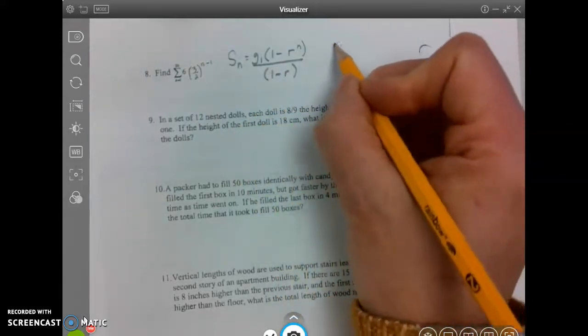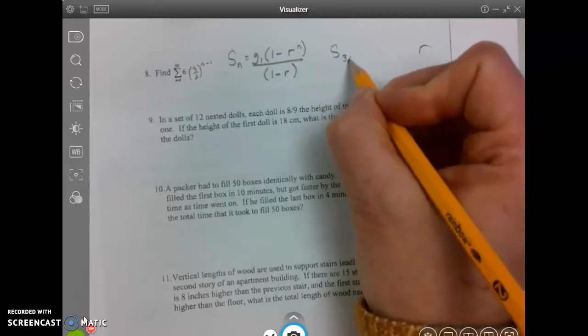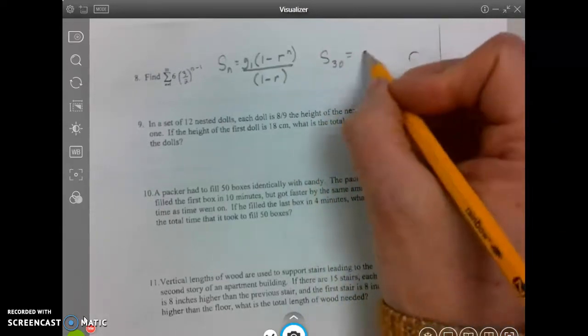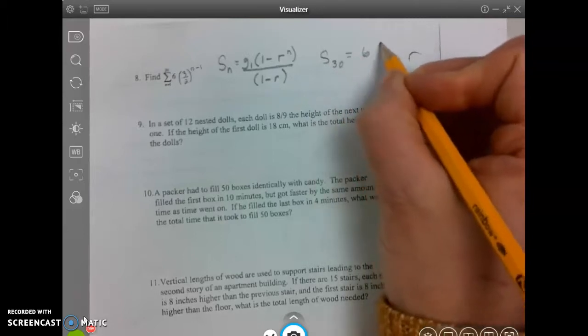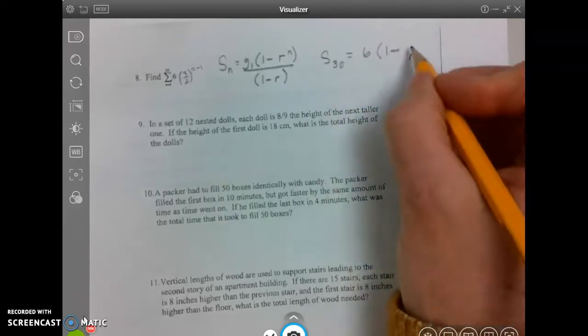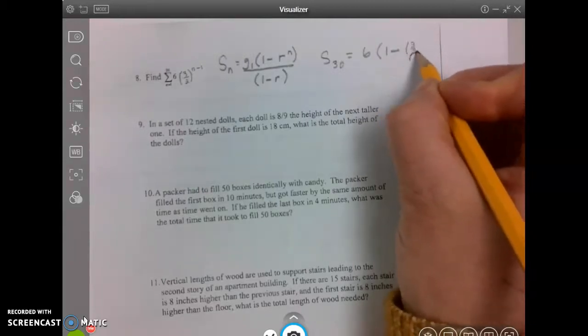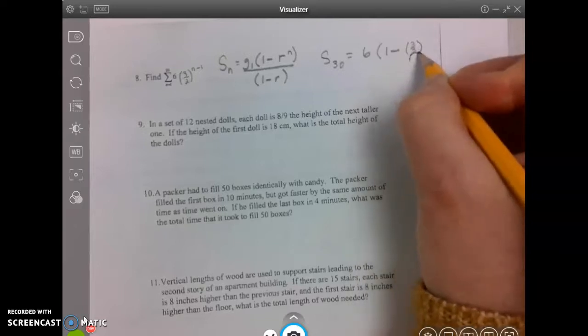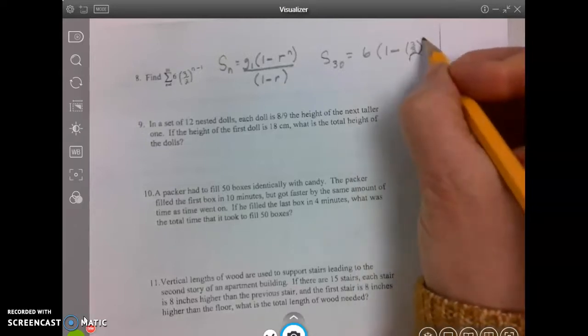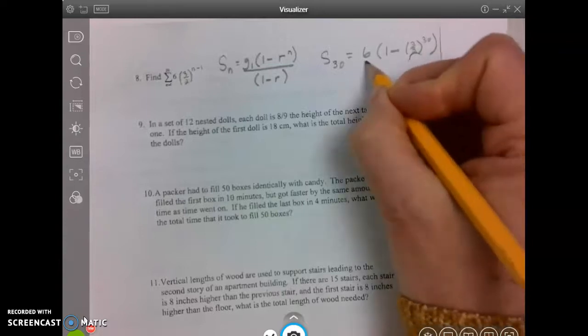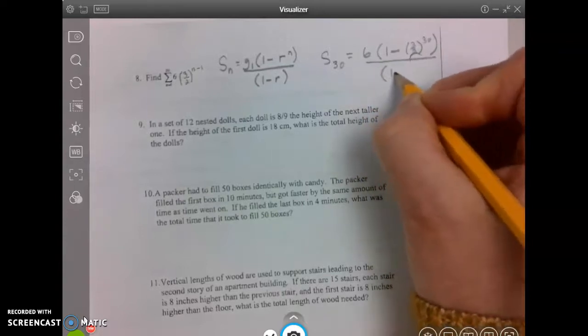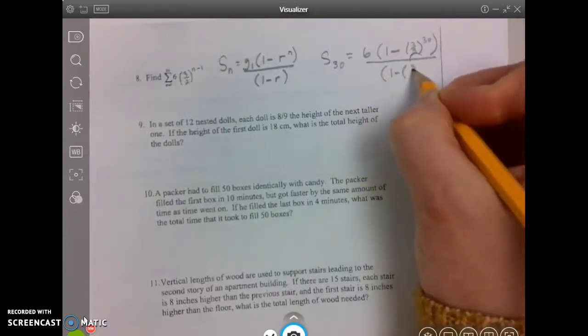My first term, well, first of all, S sub 30 equals the first term, which is 6, 1 minus 3 halves. Now, I know that 3 halves is 1.5. If you don't, then you can leave it as 3 halves, and that would be to the 30th power, all divided by 1 minus 3 halves.